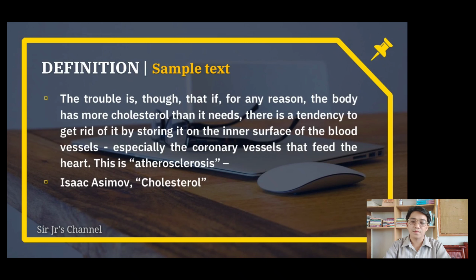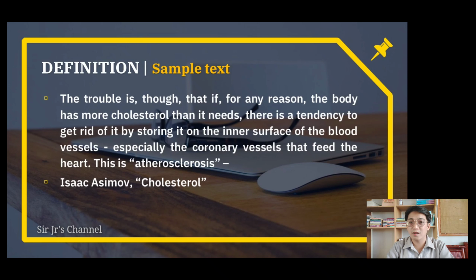Let's read this. The trouble is, though, that if, for any reason, the body has more cholesterol than it needs, there is a tendency to get rid of it by storing it on the inner surface of the blood vessels, especially the coronary vessels that feed the heart. This is atherosclerosis.